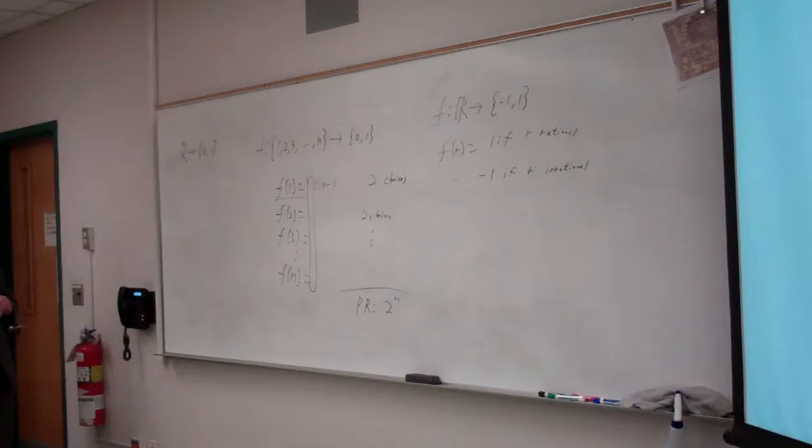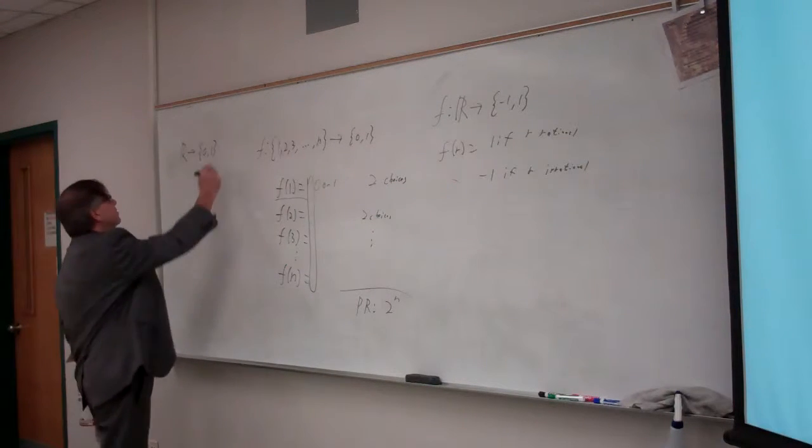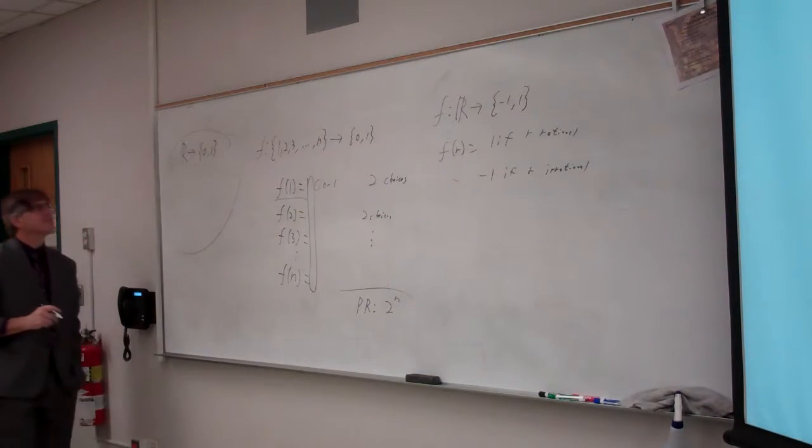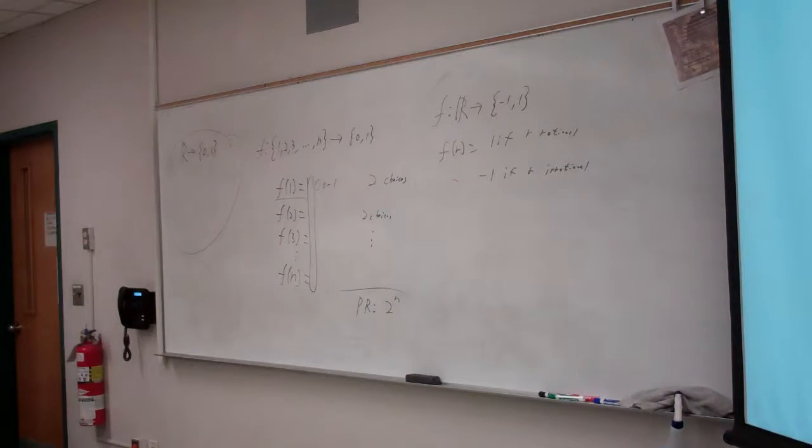If you were just going from reals into there, so that's one possible function, but I'm thinking, what is the cardinality of that set of functions? This one, the rational and irrational one? Of this. 2 to the infinity.